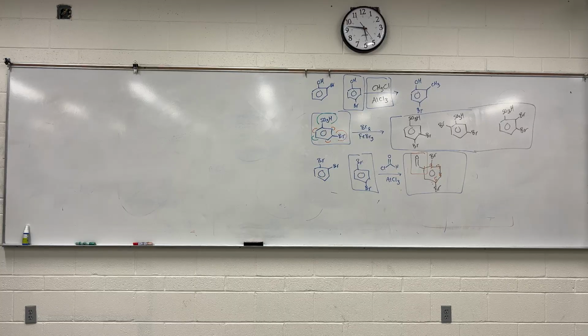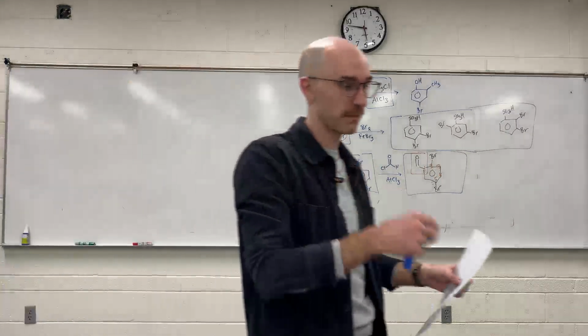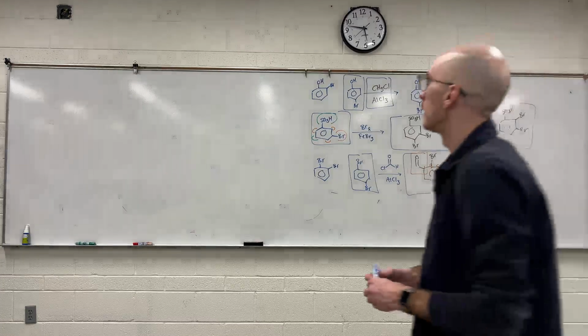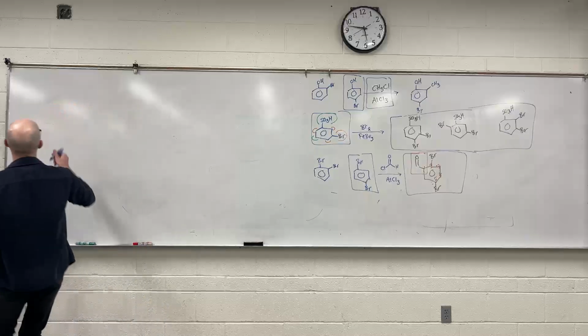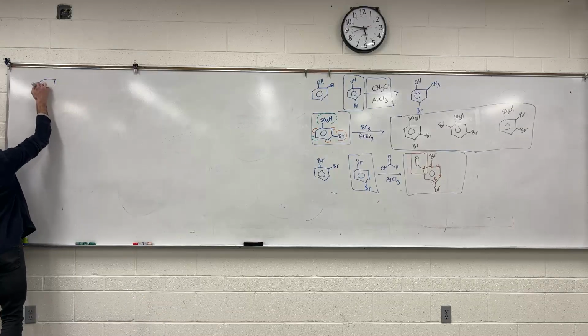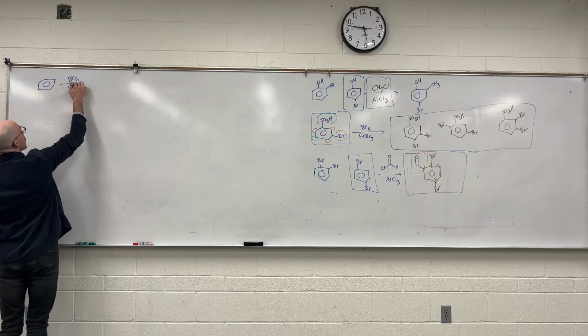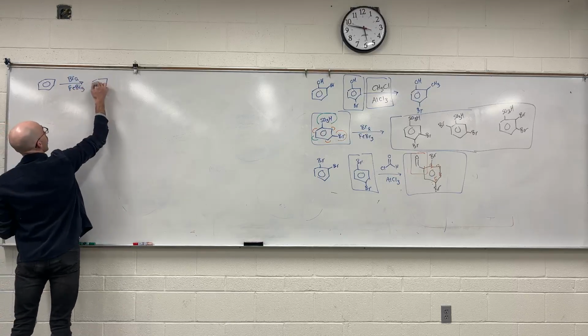Okay, the first one on our mechanisms sheet is what? Bromination. You want one? Oh, I'm sorry. You came in later than normal. I think that's why I thought I gave it to you already. What are we brominating? Benzene. Step 1.